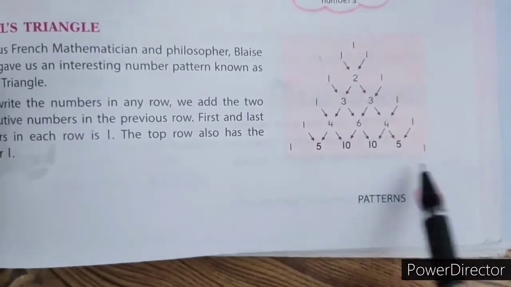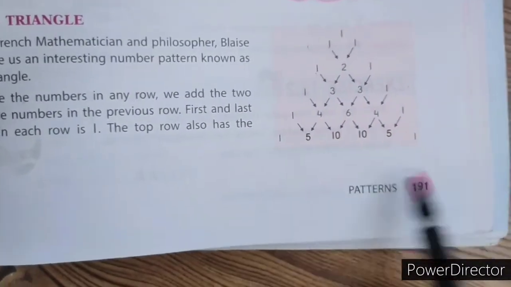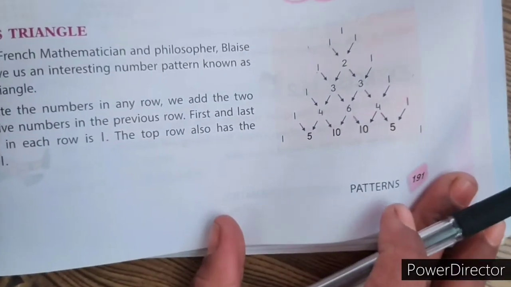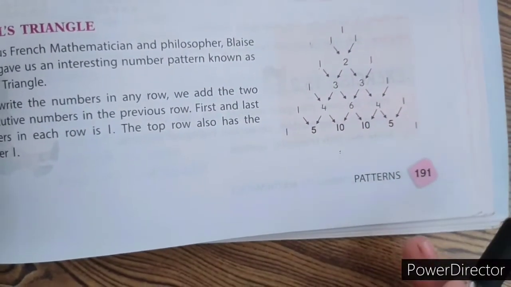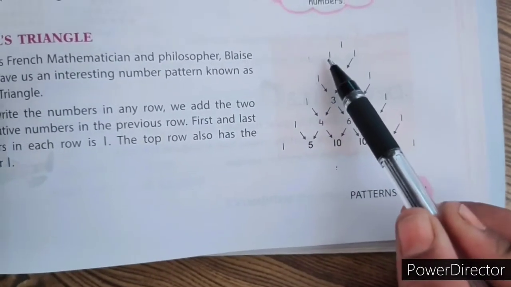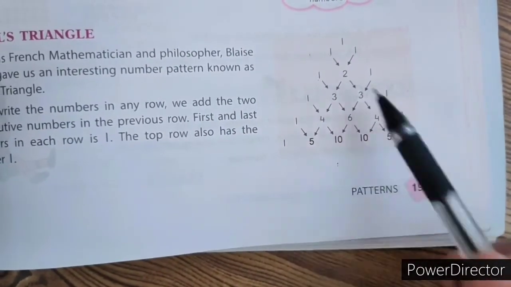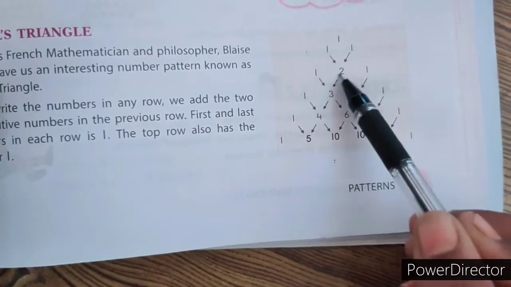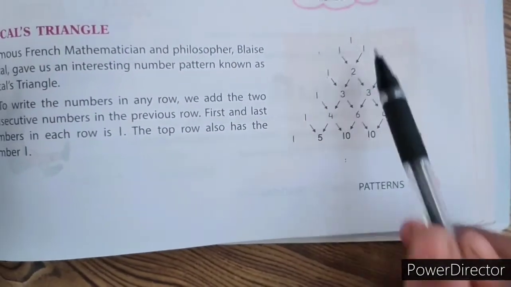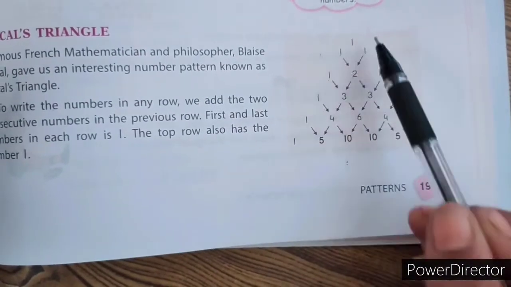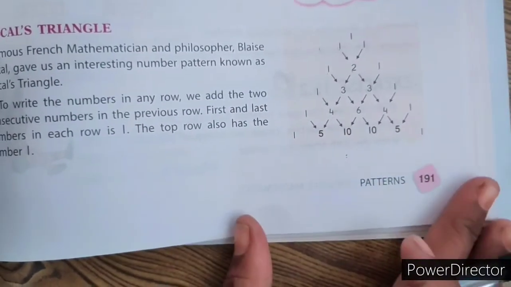So in this way you can find the next steps, and this is Pascal's triangle. And in the second diagonal, you will get counting numbers 1, 2, 3, 4, 5, and so on. And outside you will always have 1.